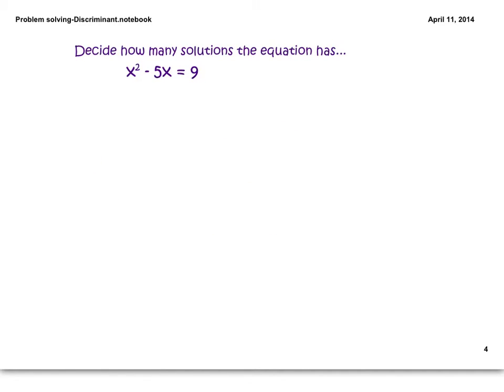So you can decide how many solutions an equation has just by using the discriminant, not having to write out everything. You do have to have it in standard form though. So I'm going to subtract 9 from both sides, put it in standard form. I still have to pull out my a, which is 1, my b, which is -5, and my c, which is -9.